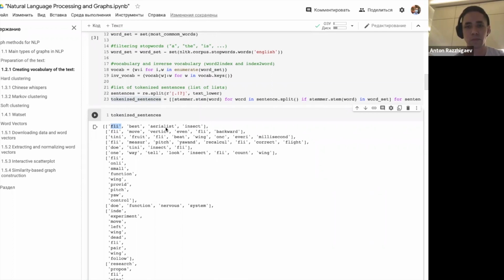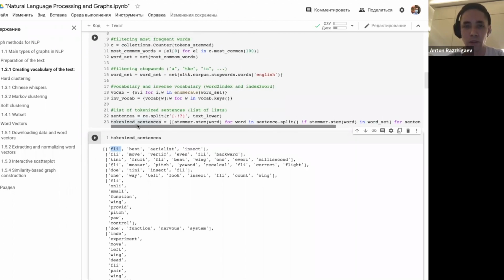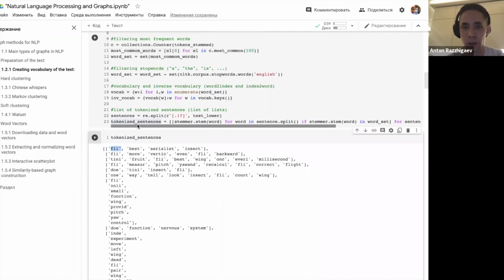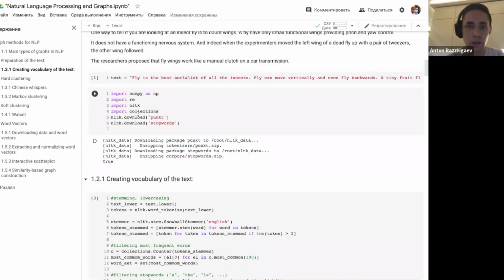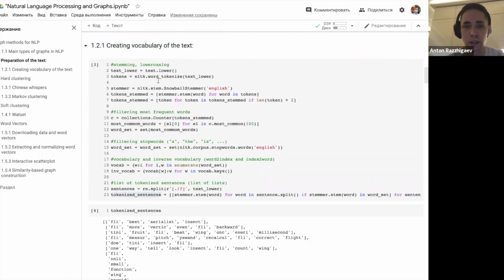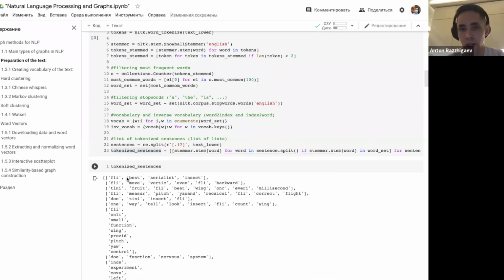It removes the suffixes in such a way that in all grammar contexts, the word will be the same. But sometimes it makes silly mistakes like this, but it's not a problem because we know that it's the word fly. And as you can see, these words from the text were also deleted as they are stop words.